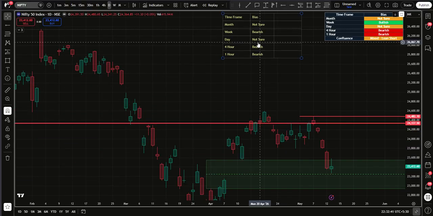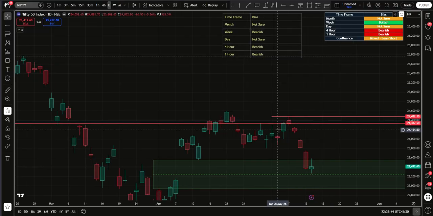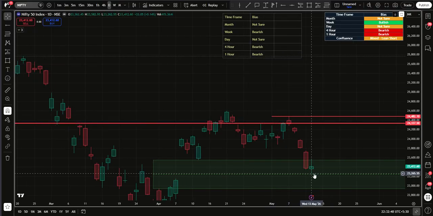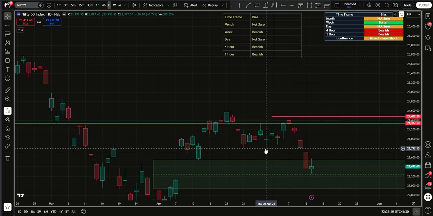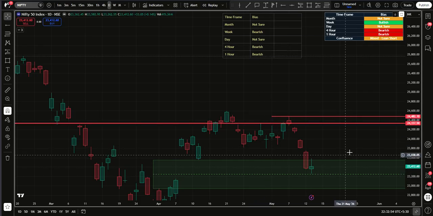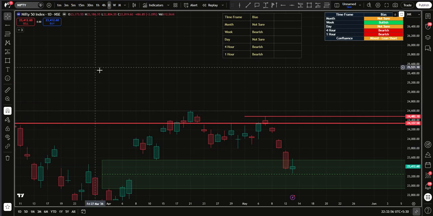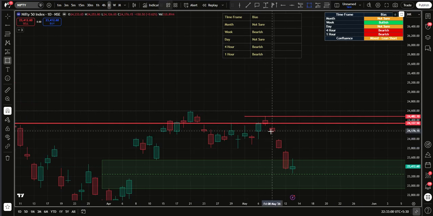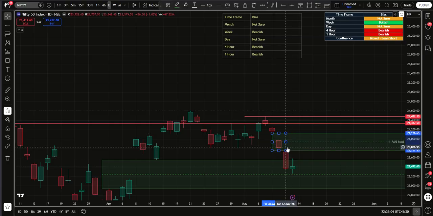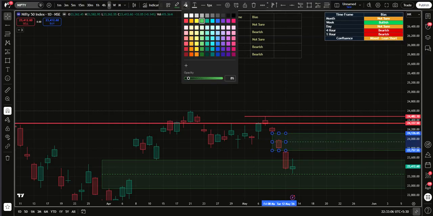It was not sure yesterday. It is not sure today, because there was a swing high and there's no lower swing high formed till now. And there is a swing low. There was a higher low, but that was invalidated. But we have 1 and 2 bearish fair value gaps formed in the daily time frame.